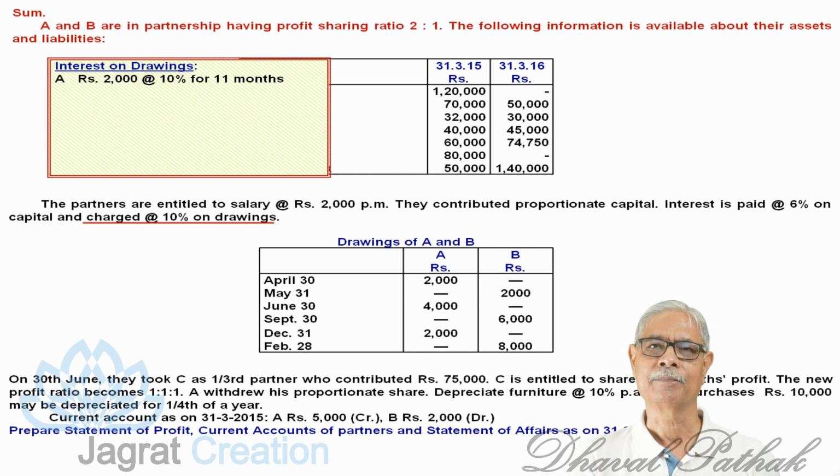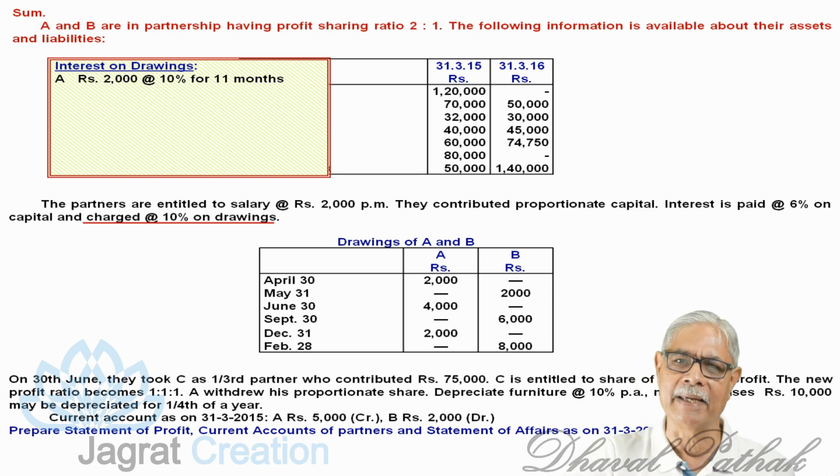After April, how many months are there till 31st of March 2016? After April: May, June, July, August, September, October, November, December, January, February and March, 11 months. So 11 months interest is calculated at the rate of 10% on the amount withdrawn by A on 30th April. That works out to be 183.